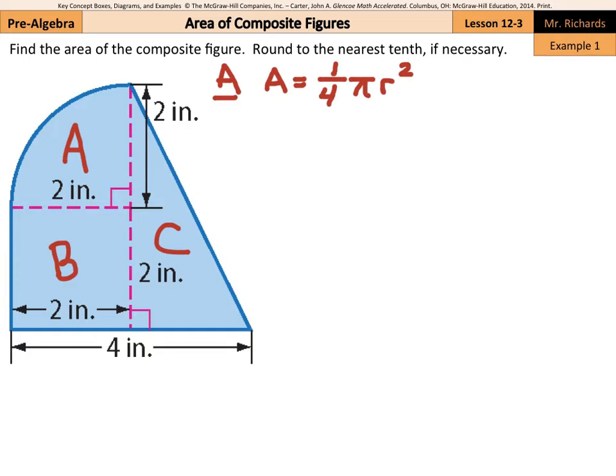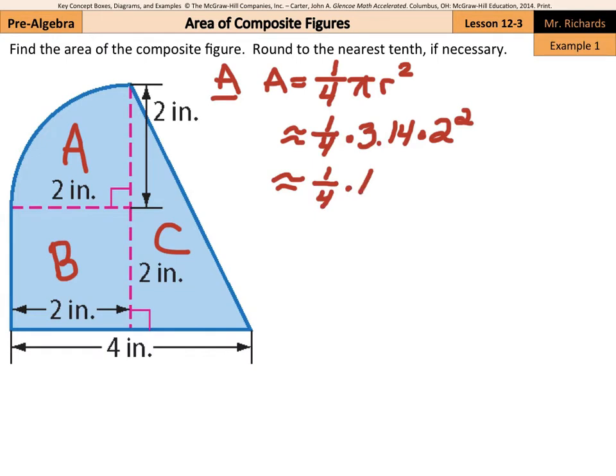And so as I make my substitutions in, my area is going to be about equal to 1/4 times 3.14 times my radius here, which is 2, squared. So my area is going to be about equal to 1/4 times 12.56.